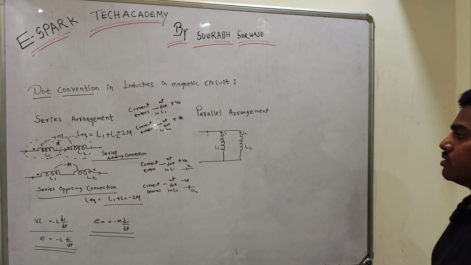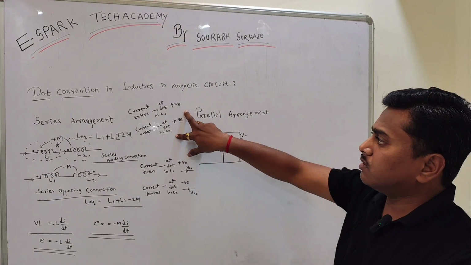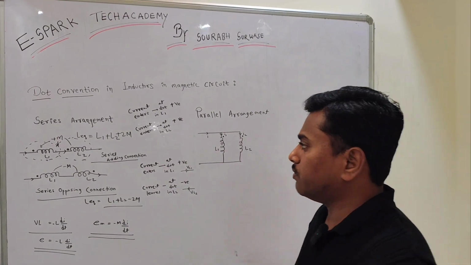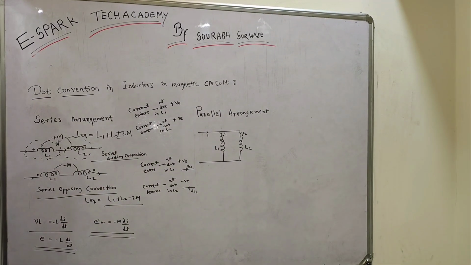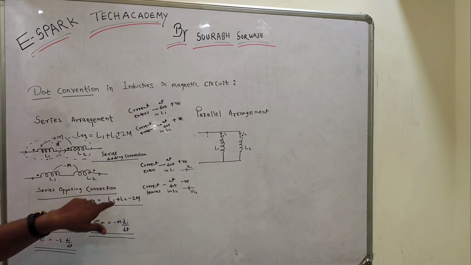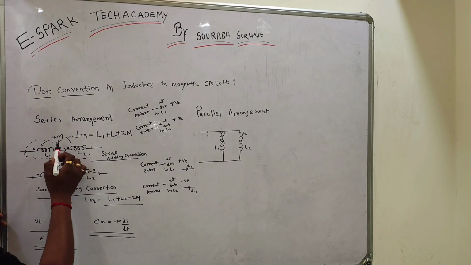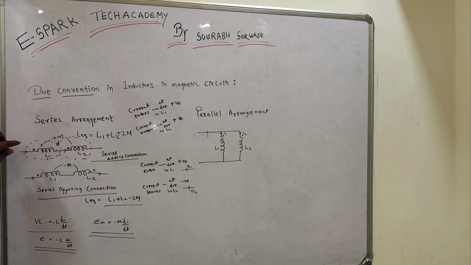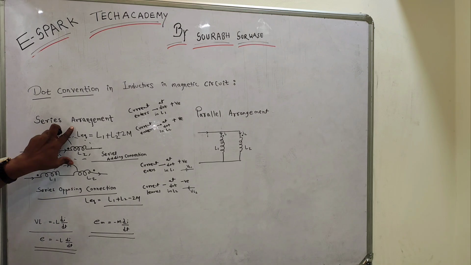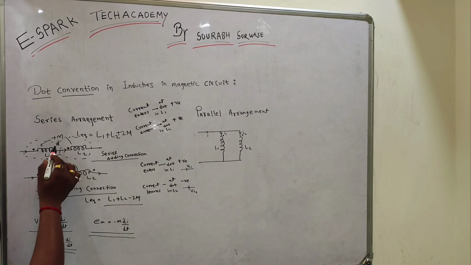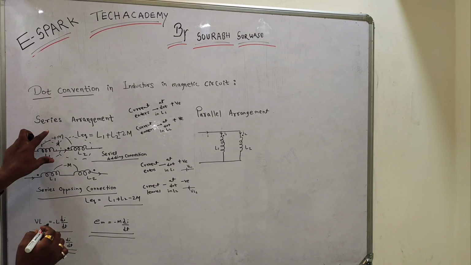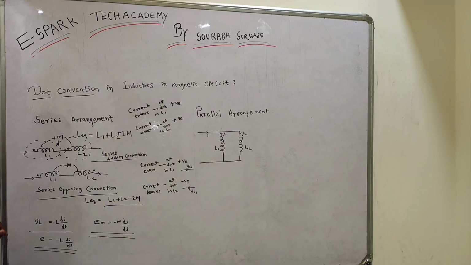Just now we have taken the dot conventions into consideration. Now I will be explaining the series adding connection and series opposing connection. In this case mutual induction takes place because the magnetic field created by L1 and the magnetic field created by L2 will superimpose, or they will interact with each other.